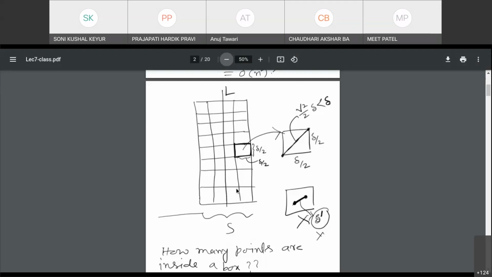And by the way, we also assume that the distance can be computed in constant time, right? Do you know how to compute the distance between two points in two-dimensional space, right?